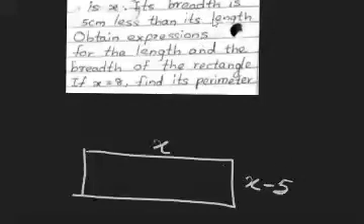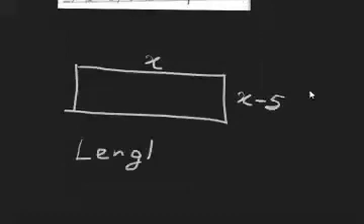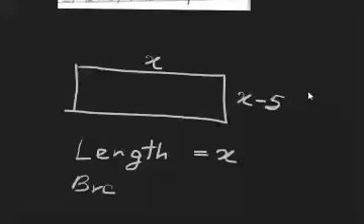Now, what you are asked to do is obtain expressions for the length and breadth. We have already obtained them. What are they? Length equals x, breadth equals x minus 5.